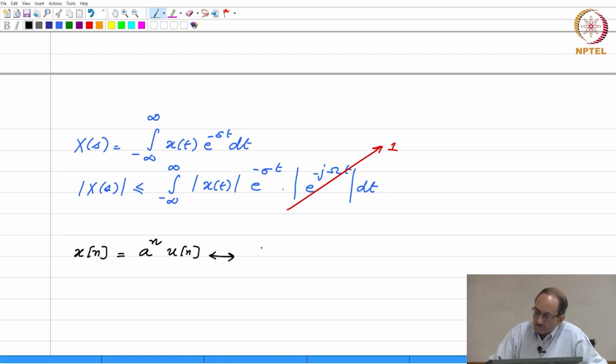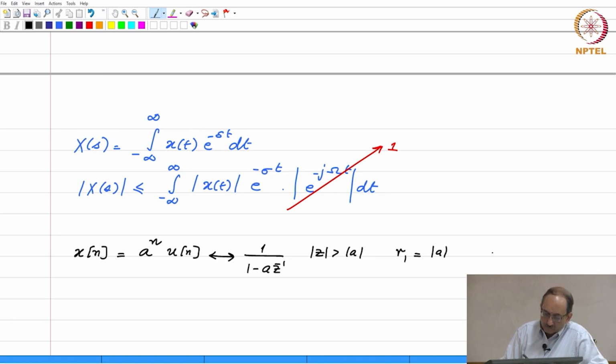We saw this example: 1 by 1 minus a z inverse. This was mod z greater than mod a. In this case, R1 happens to be not a, but mod a. Remember, a in general is a complex number, whereas R2 is infinity.